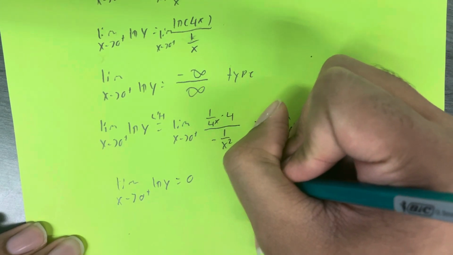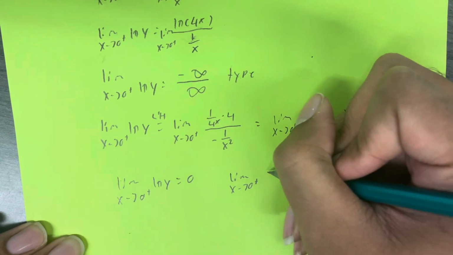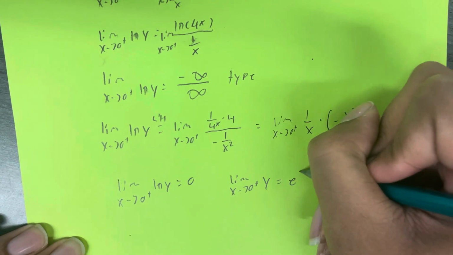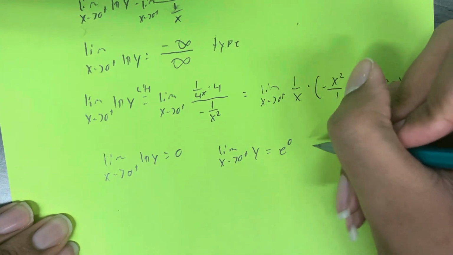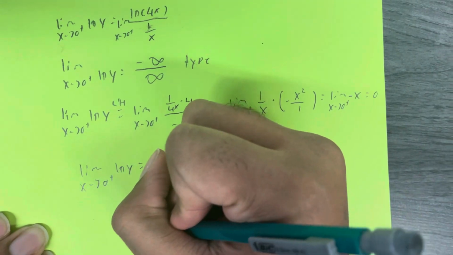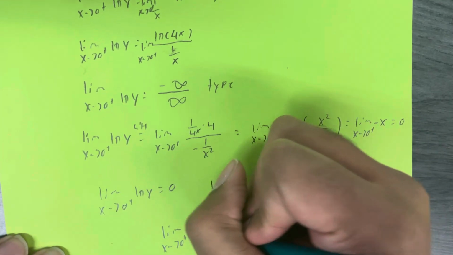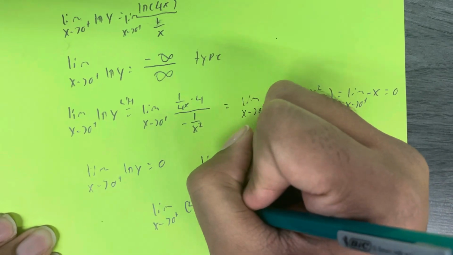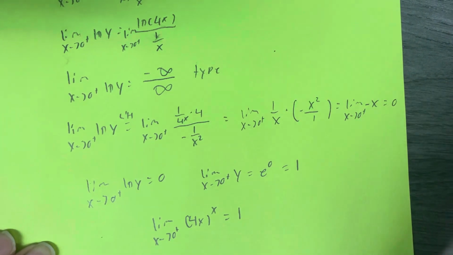So then you would get limit as x goes to 0 from the right, y equals e to the 0. And e to the 0, or any power to the 0, is equal to 1. Therefore, our whole thing is equal to 1. And that's our answer.